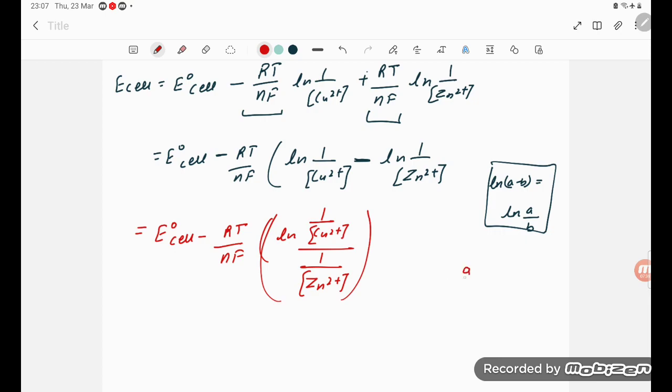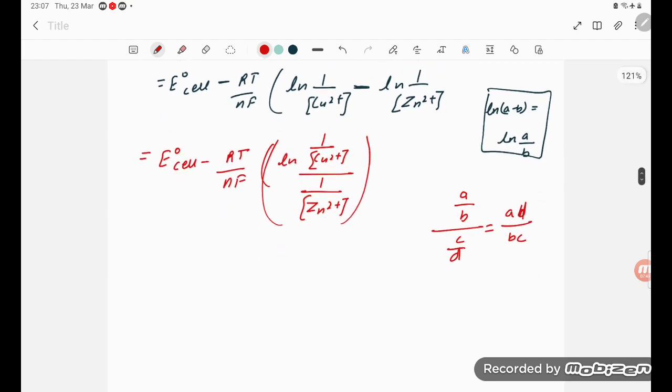Now in the simple method, a by b divided by c by d is ad upon bc. So whatever is in the denominator becomes the numerator. So E cell is equal to E naught cell minus RT upon nF ln Zn2+ upon Cu2+.